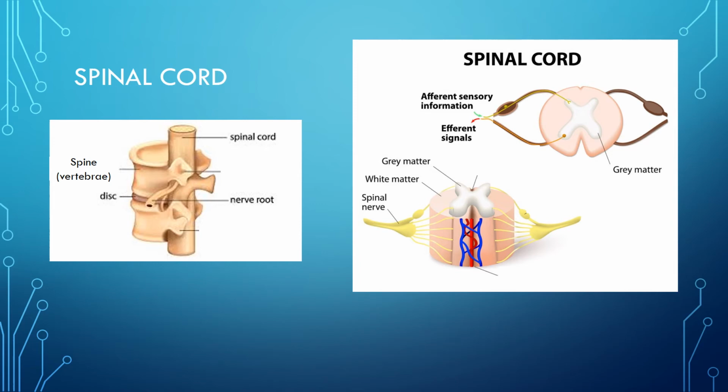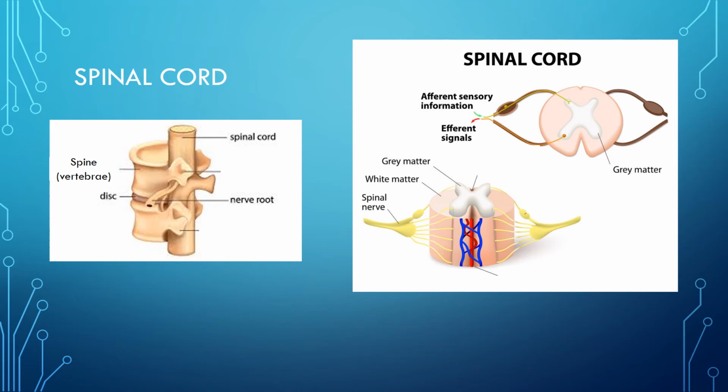There are two types of neurons that we must know the name for. Afferent neurons carry sensory information from your five senses up through the spinal cord and into your brain to be processed. Signals from your brain then travel down the spinal cord and leave, and are called efferent signals.